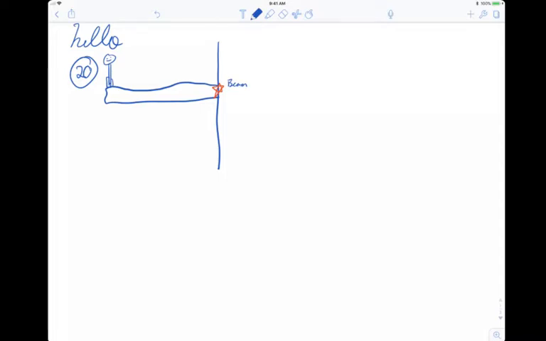So the issue here is, what forces is it feeling? It's feeling a force here from gravity from the person pushing down on it. More formally, gravity's pulling down on this guy, and the beam is offering a normal force pushing up.